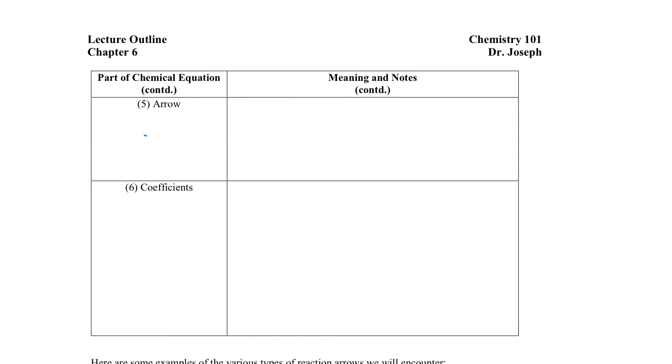Okay, so another really important part of a chemical equation is the arrow that we see. And what does that arrow mean? Well, what the arrow does is it serves two purposes. Number one, it separates. It's a marker that says, hey, there's this stuff over here at the beginning and there's stuff over here at the end. So it separates the reactant side from the product side.